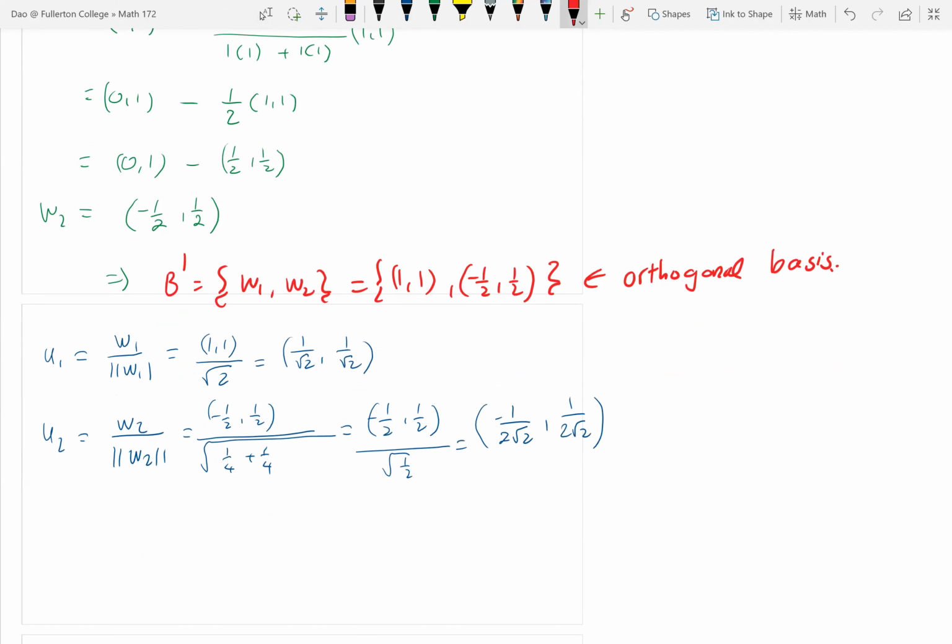So B double prime is equal to U1, U2, which equals 1 over rad 2, 1 over rad 2, and then negative 1 over 2 rad 2, and then 1 over 2 rad 2.